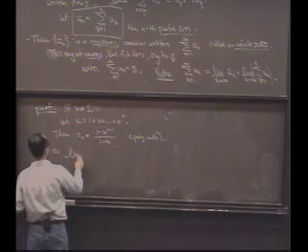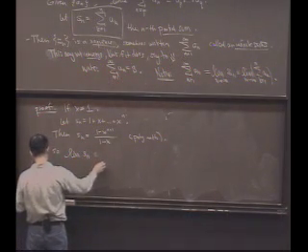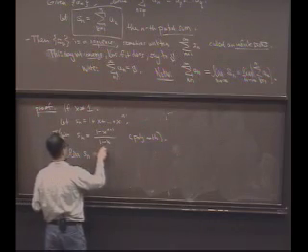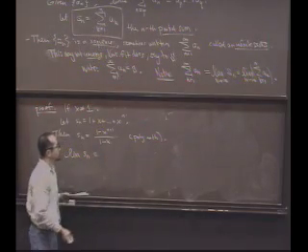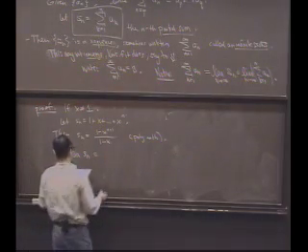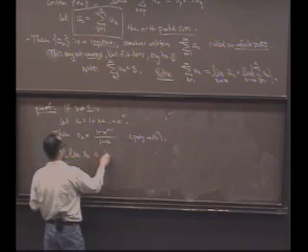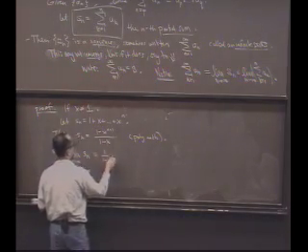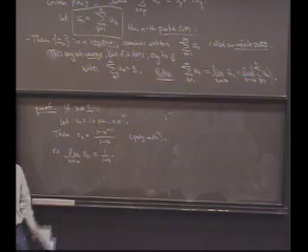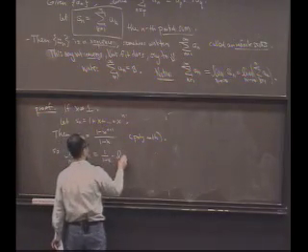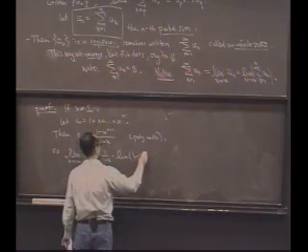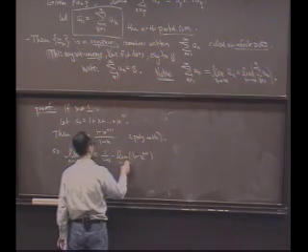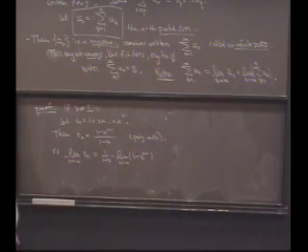So the limit of the Sn's is the limit of 1 over 1 minus x, which has no dependence on n, times, so this is the limit of a product, is a product of the limits, times the limit of 1 minus x to the n plus 1 as n goes to infinity.